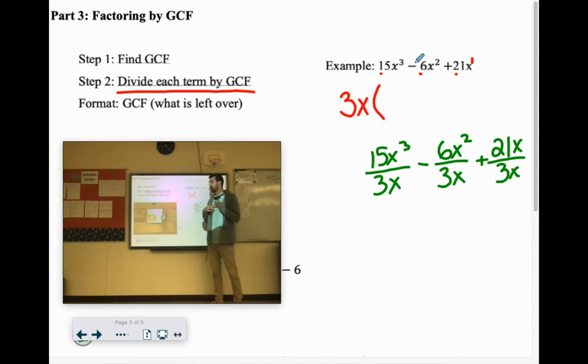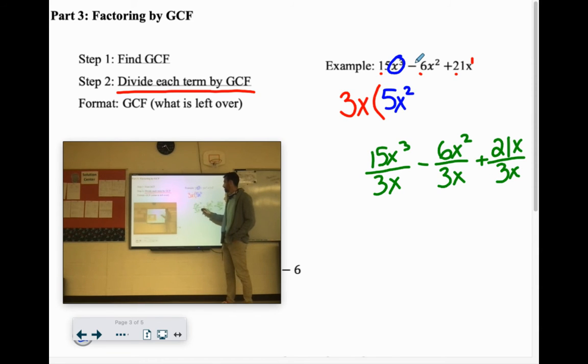But I like to think of it like a puzzle. 3x times something will give me 15x to the third. So 3 times 5 will give me 15. I have x to the first, I need x to the third, so I need 2 more x's. So it'd be 5x squared, which is what we get here. 15 divided by 3 is 5. Your properties of exponents state that when you divide, you subtract the exponents. 3 minus 1 will give you 2.